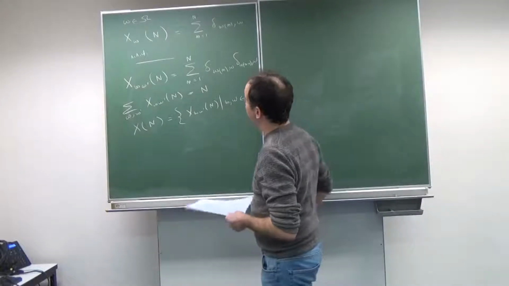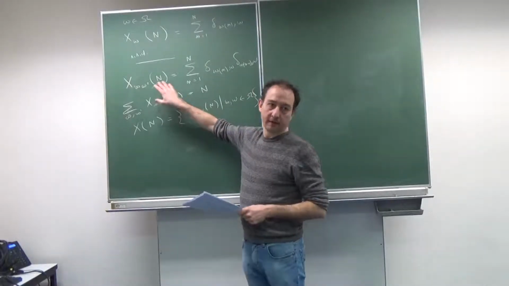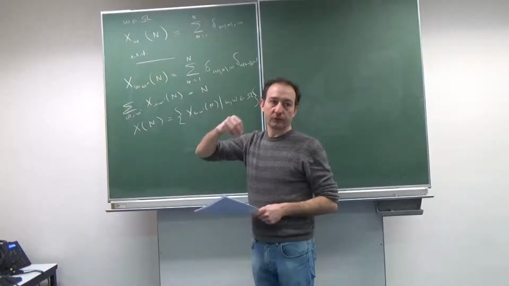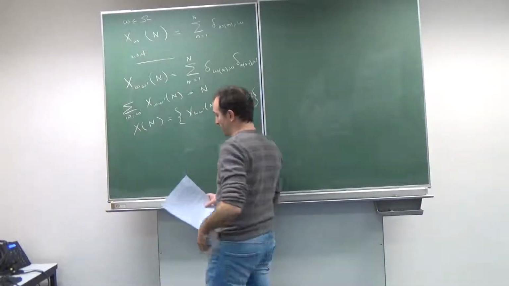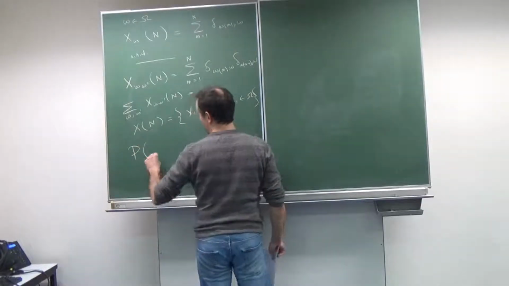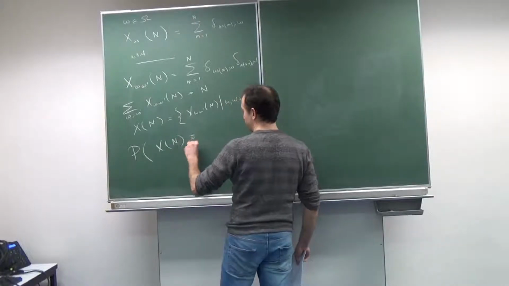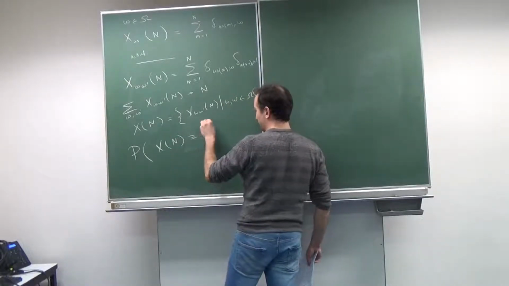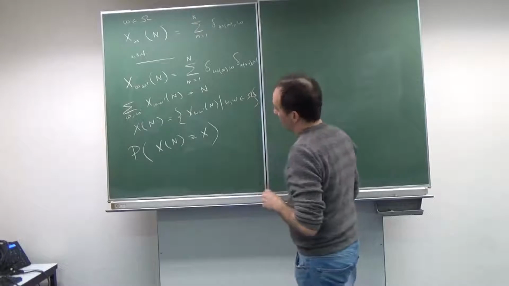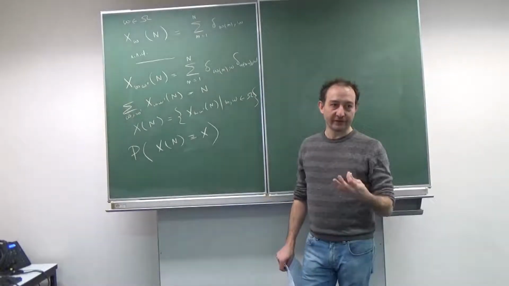The idea is we want to find the joint probability for all of these counting variables. That's what we're looking for: the probability that x_n takes values x. If we manage to calculate this, we are doing a little bit better.